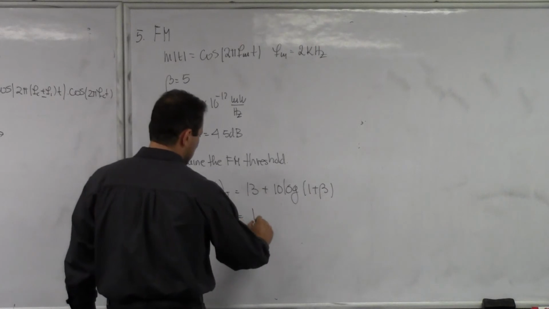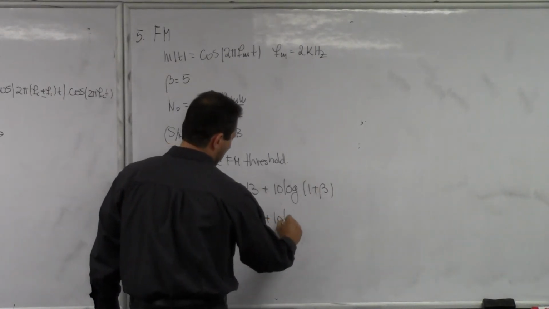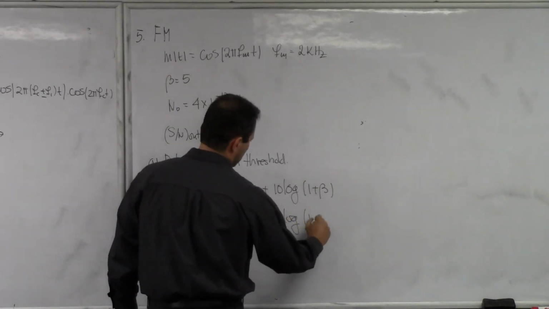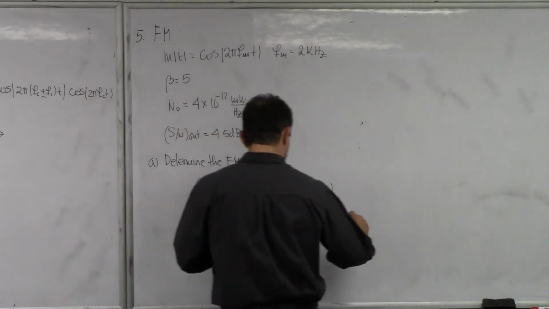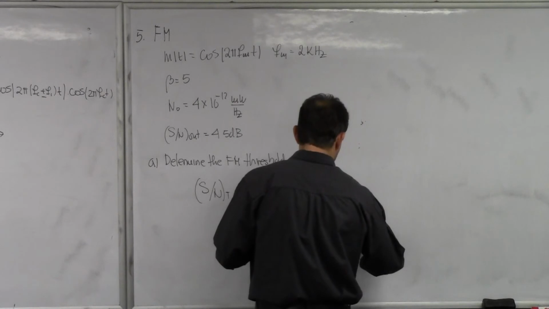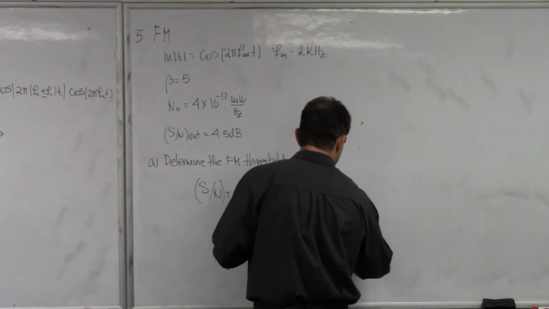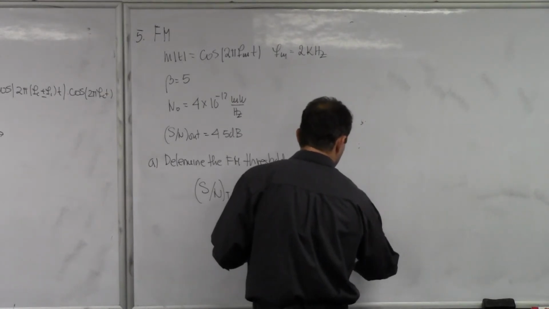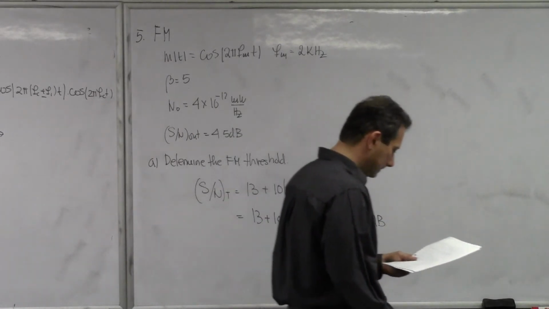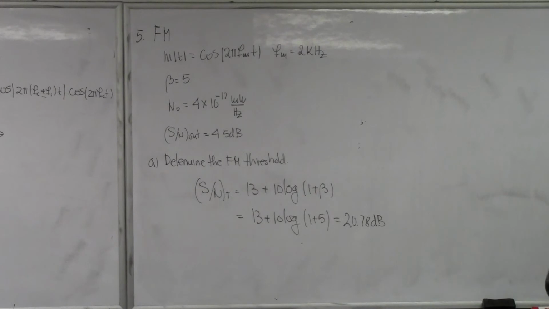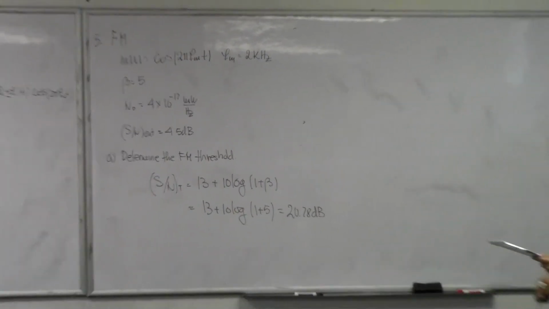In our case, this is 13 plus 10 log of 1 plus 5. And when you compute this, this is 20.78 dB. So that's the minimum signal to noise ratio at the input.